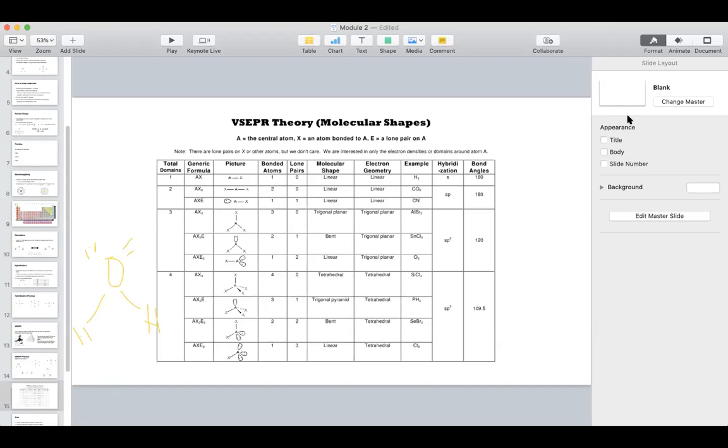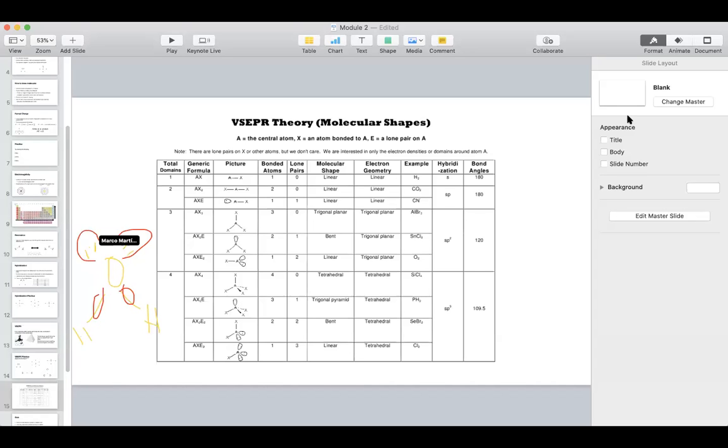I heard someone say 4. Do you all agree that there's 4? Yes. So we got 1, 2, 3, 4.